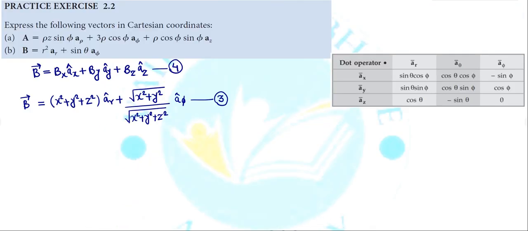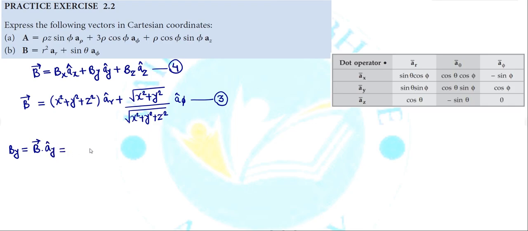Okay, so we have equation 3 and equation 4, and we have that vector transformation table. Now we are going to find out what is that Vy. Okay, so this is what we have, that Vy is given by vector B having the dot product with Ay.